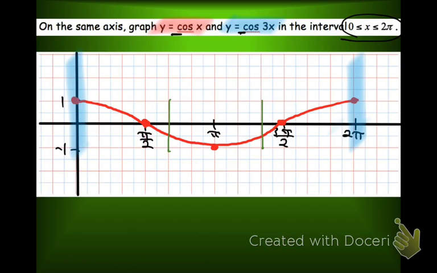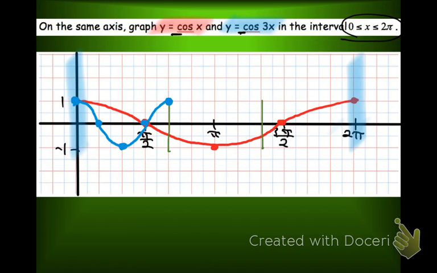So what does that mean in terms of where we're going to land? Well, we know we start at 1, and our cycle ends at 1 also. And we know that dead center in the middle, we have to be down at the bottom. And then in between those two, we have to be at 0. So here's what one cycle of y equals cosine of 3x would look like.